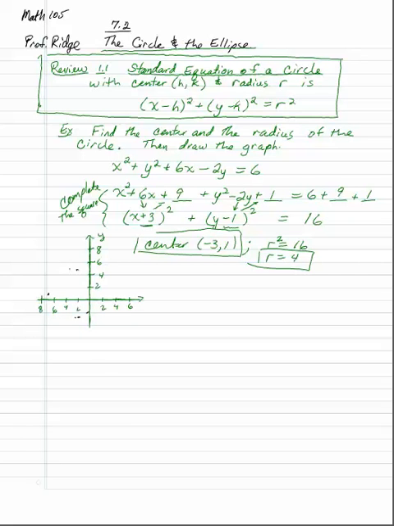Okay, so we start with the center, negative 3, 1, would be right there. And then from there we measure with my little compass, 4 units.